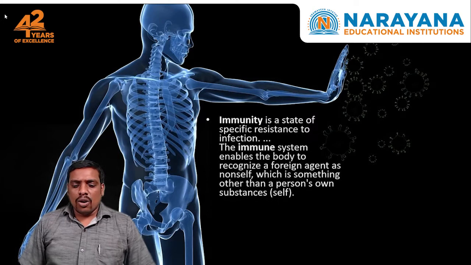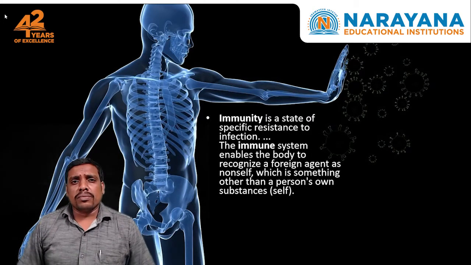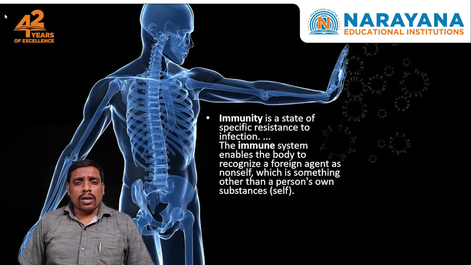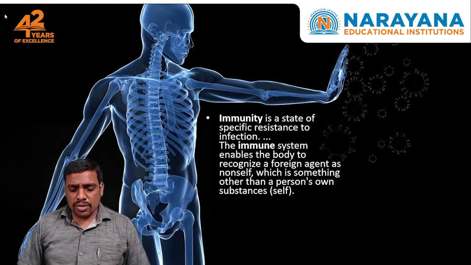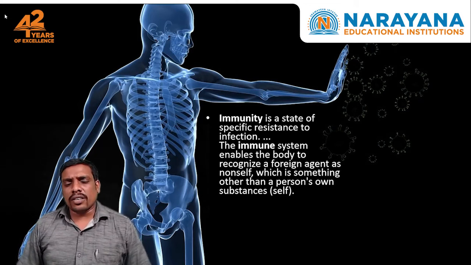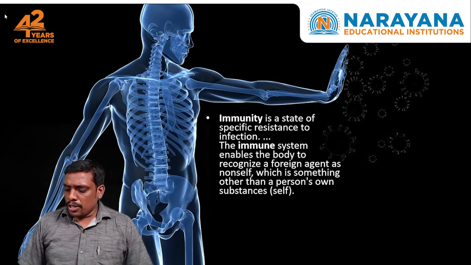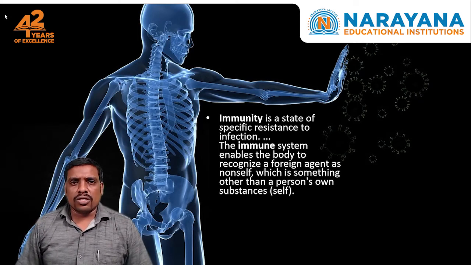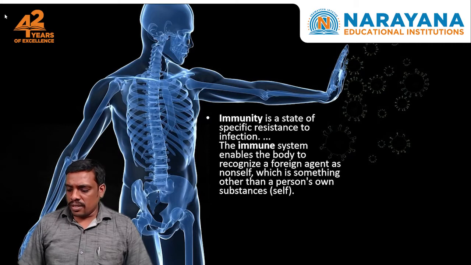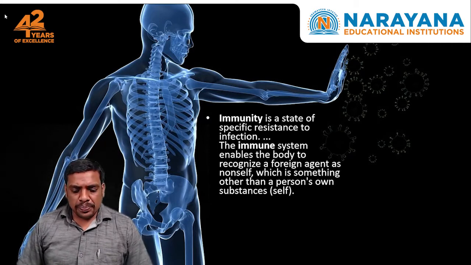Let us see what the three-line defense system in our body is, with the help of some interesting points, examples, and variations. Immunity is a state of specific resistance to infections. As you know, immunity is a state of resistance towards some specific diseases and important pathogens.